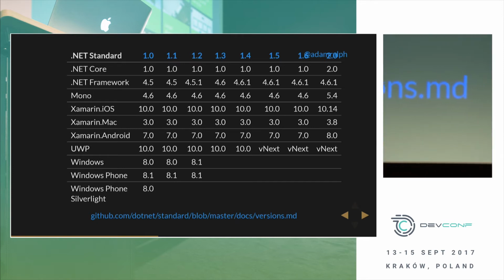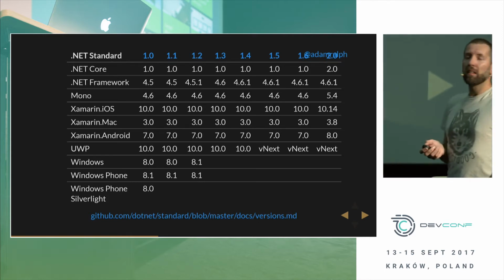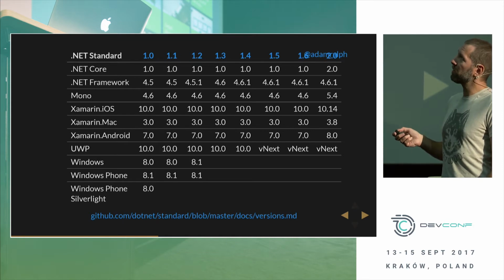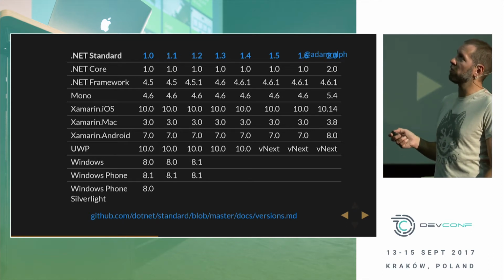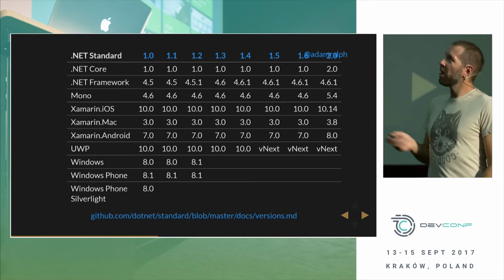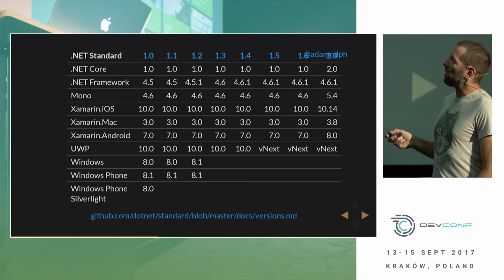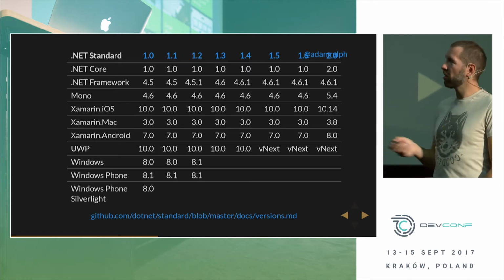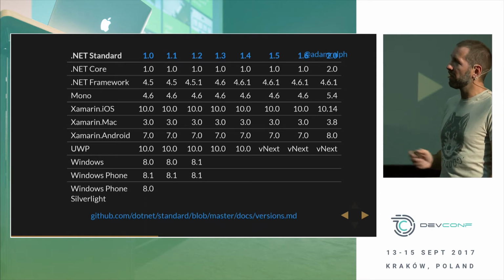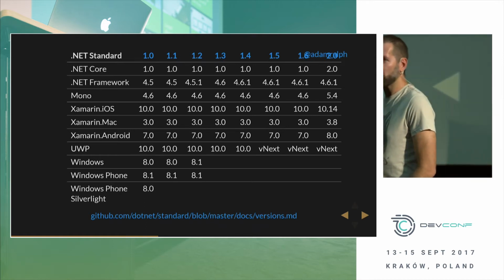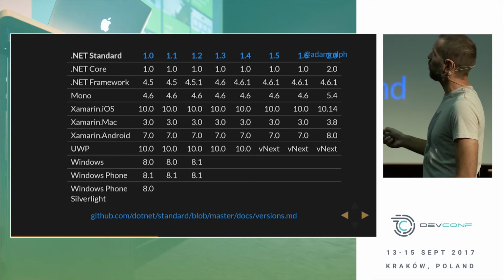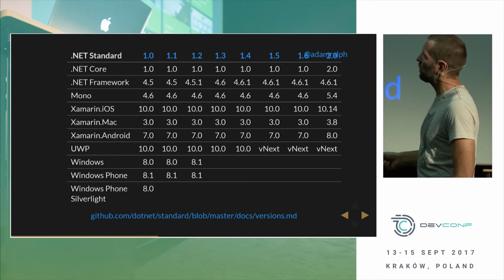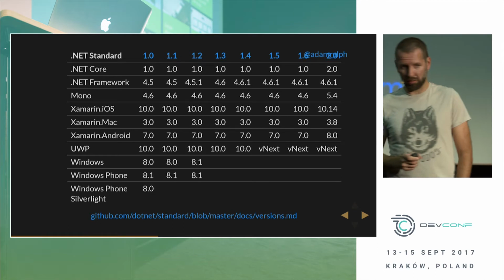And what this diagram is telling us is that if your library supports .NET Standard version 1, it is usable on all these versions of all these platforms. .NET Standard 1.1 has a few more APIs than version 1, and Windows Phone Silverlight 8 does not have those APIs. So if you instead target 1.1, your library will not be usable on Windows Phone Silverlight 8.